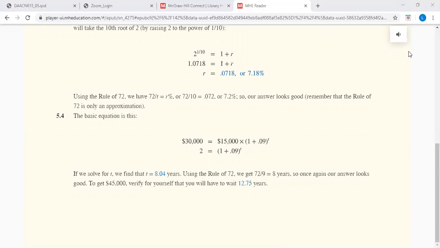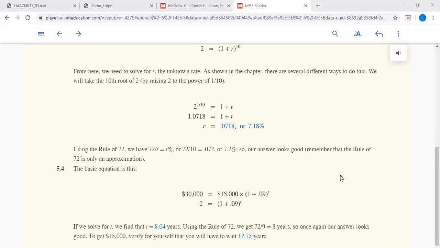Now, the rule of 72 works with doubling your money. Okay, so you got to keep that in mind. If you take 72 divided by 9 here, it's 8 years. But we're not doubling our money, we're tripling it here. So that's how we find on our calculator using the formulas these various rates and time periods.